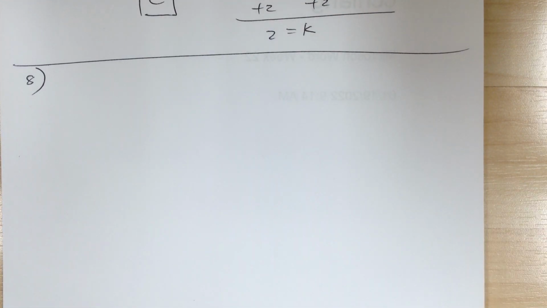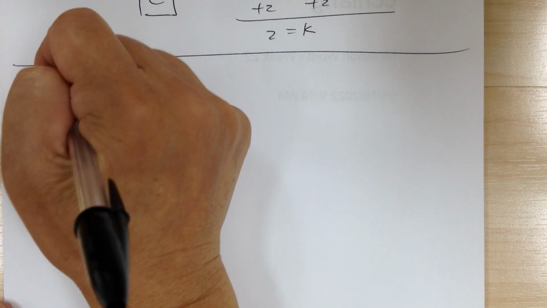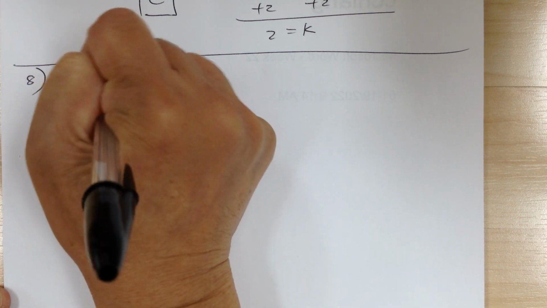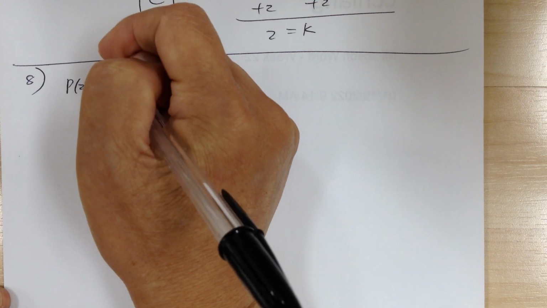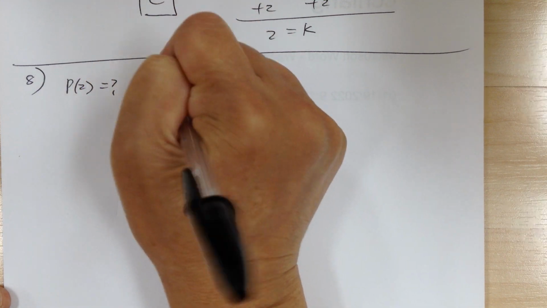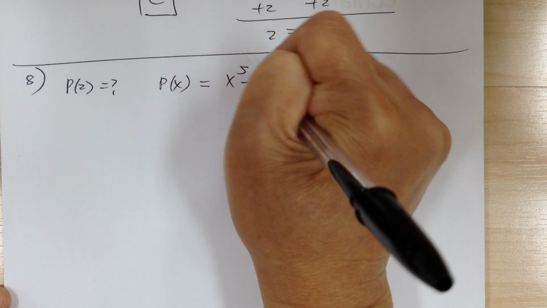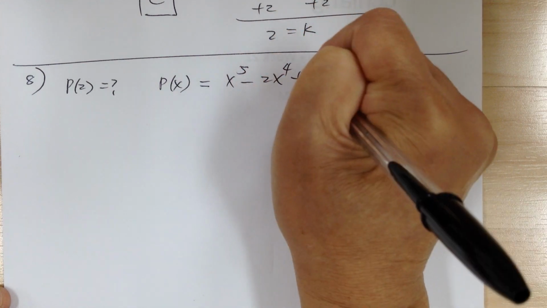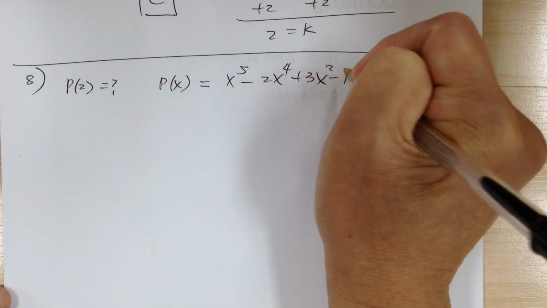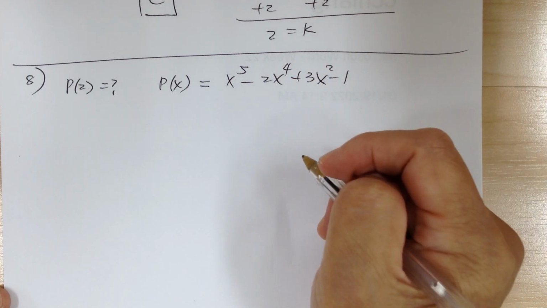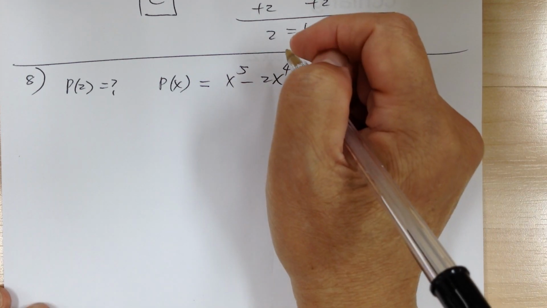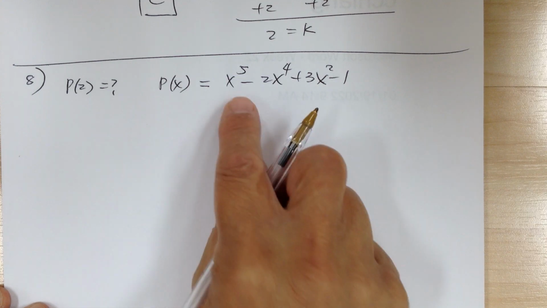Okay, let's go to number 8. So you're looking for p of 2, if p of x is equal to x to the 5 minus 2x to the 4 plus 3x squared minus 1. So this one you can do with two methods. First you can do it using synthetic division.